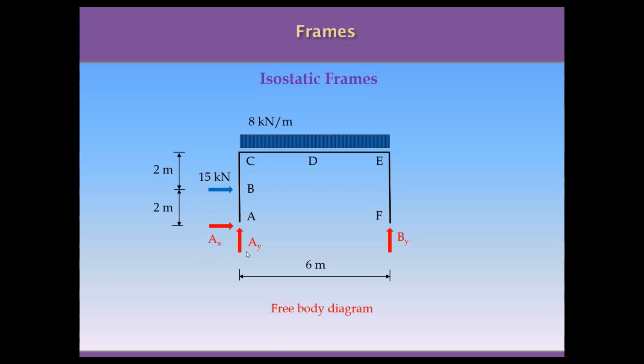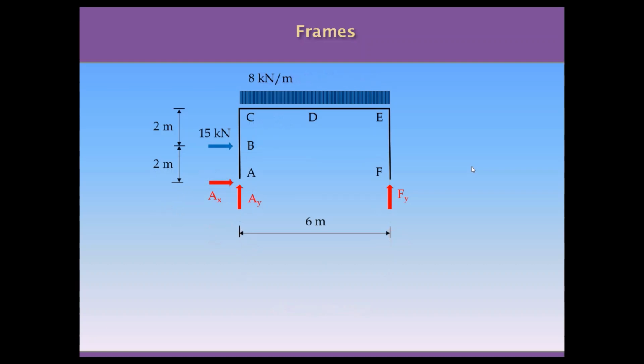So we need to choose the direction of the expected reactions, and in this case I have chosen to use these directions for AX and AY, and this direction for BY. The equations will tell us if these directions are right or wrong, as we are going to see in a few minutes.